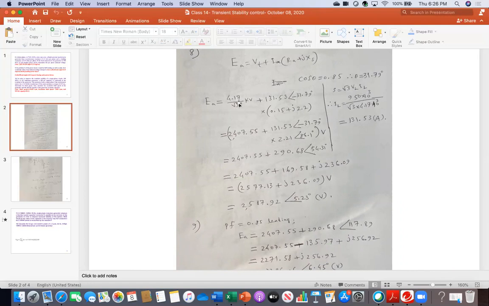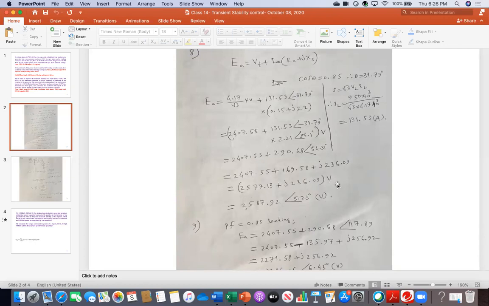So keep in mind that 4.17 was in kV, so I divided by root 3 and converted into volt. The current was 31.53 ampere, the angle was 31.79, so I put a minus angle, and so on. I think my problem is in the first step.